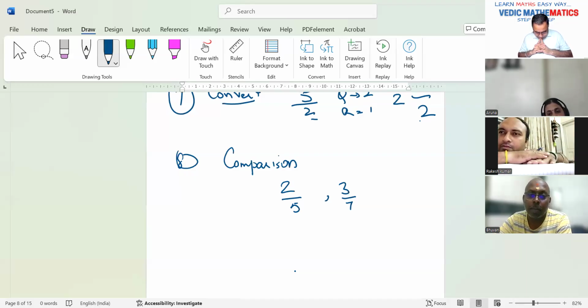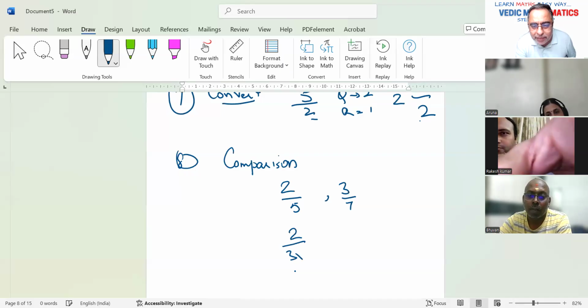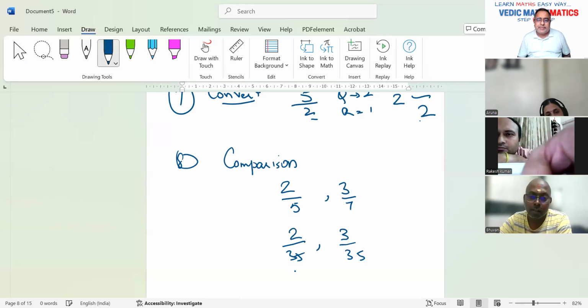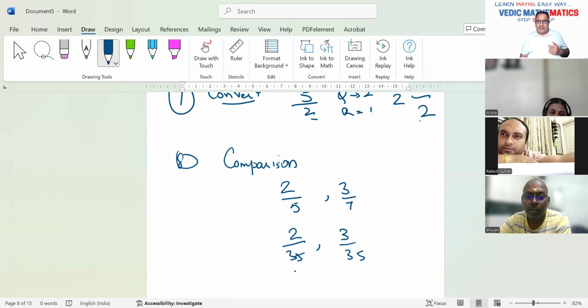So we should multiply 2/5 with 7 and 3/7 with 5, sir. So 14/35, 15/35.